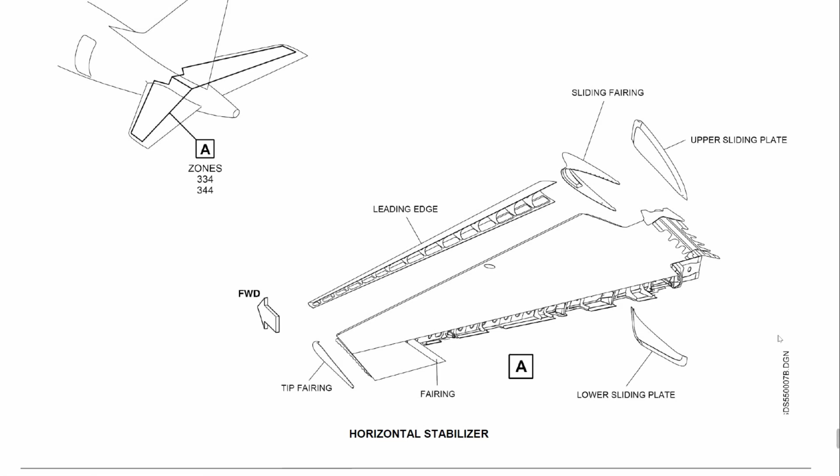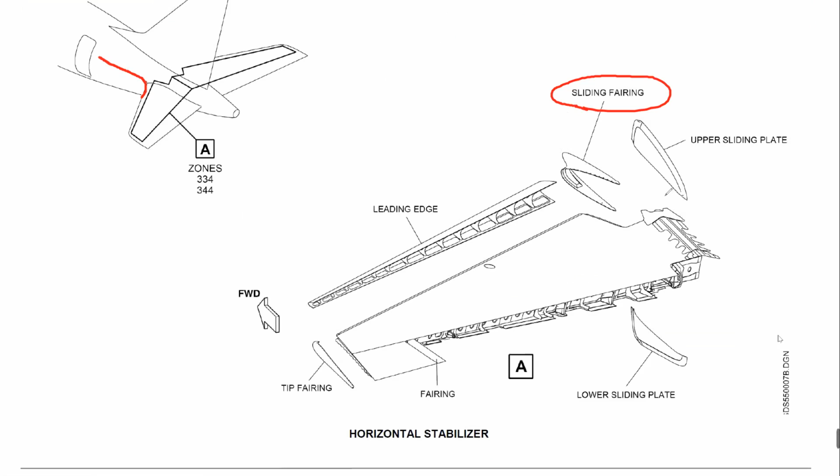And for that reason, we have some fairings and sliding plates. Here on the leading edge, we have a sliding fairing, which is making aerodynamic transition between the rear fuselage and the leading edge, okay? This is an aerodynamic component to improve the smoothness, and it's called sliding fairing.